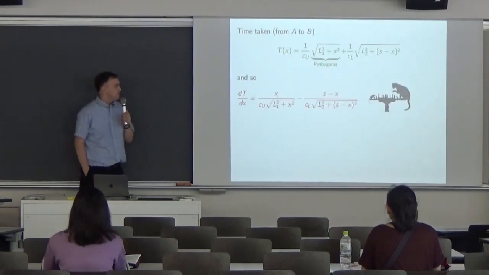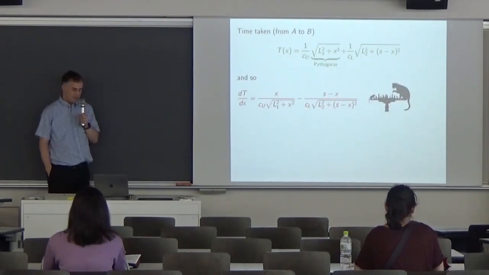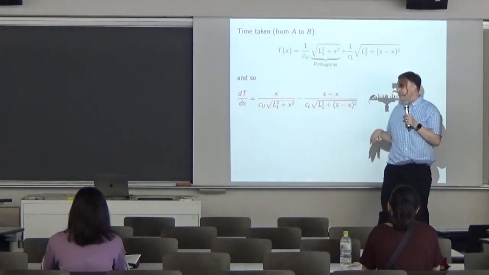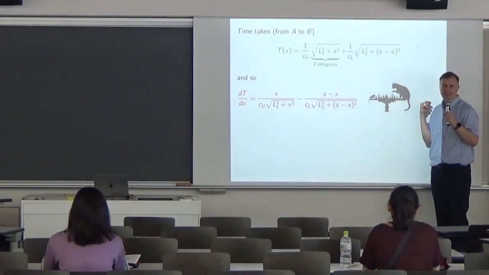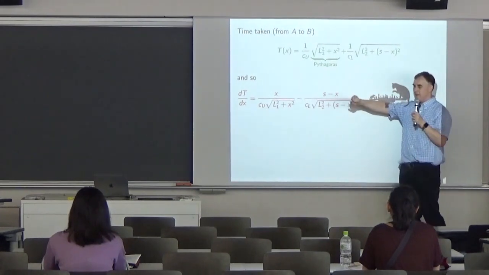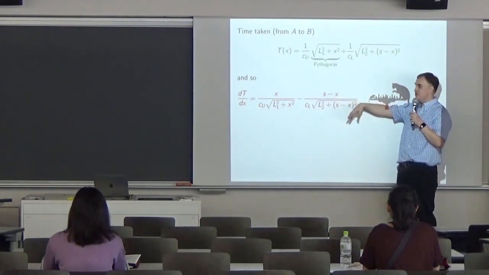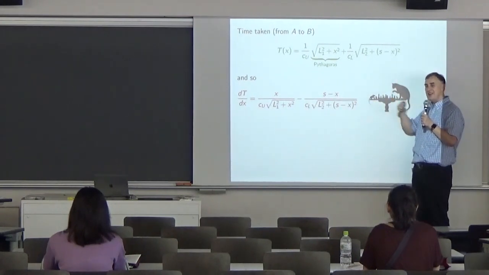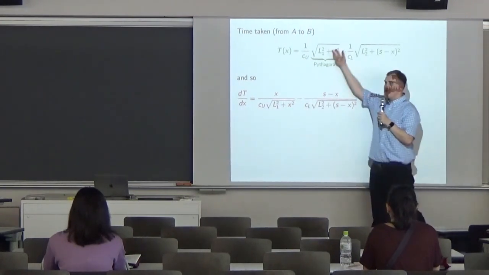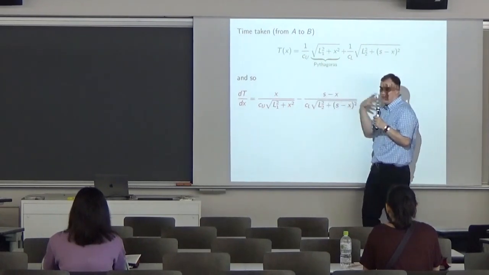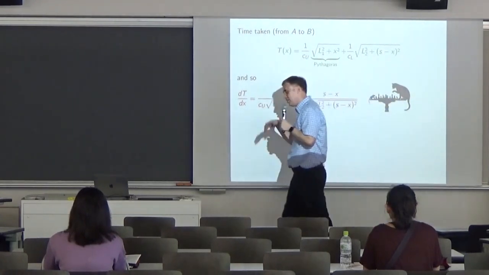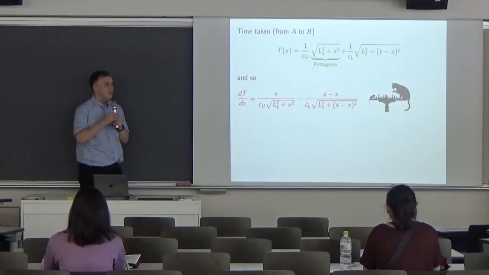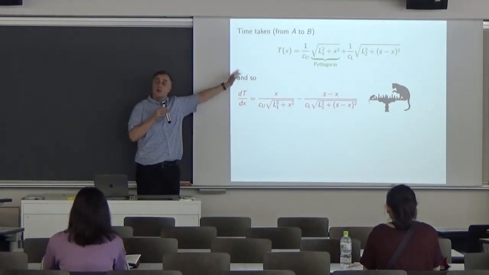Right, so if I calculate out the derivative, and again, the cat and the mouse are here just to remind you that this is just a game, right? If you apply the power rule and the chain rule to this thing, this is what you get. And as long as you just know how to do that and you know how to do it well, then this is a trivial step. Right? And so one of the things that you learn in calculus, probably at high school but also university, is just to do this over and over again so you get stronger at it, so that it doesn't get in the way of the calculation.